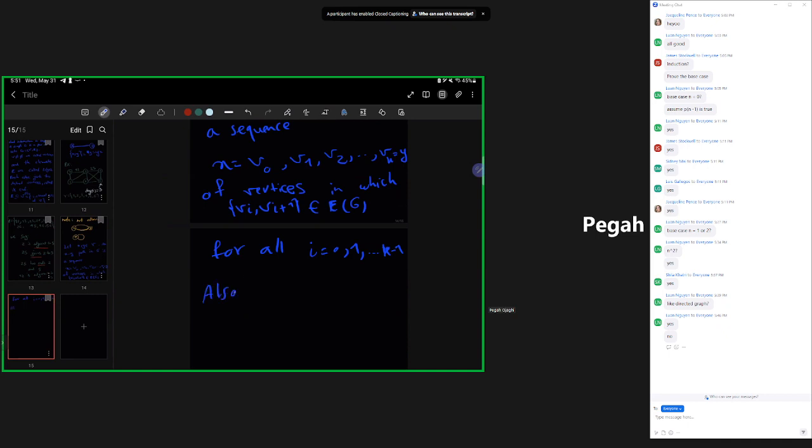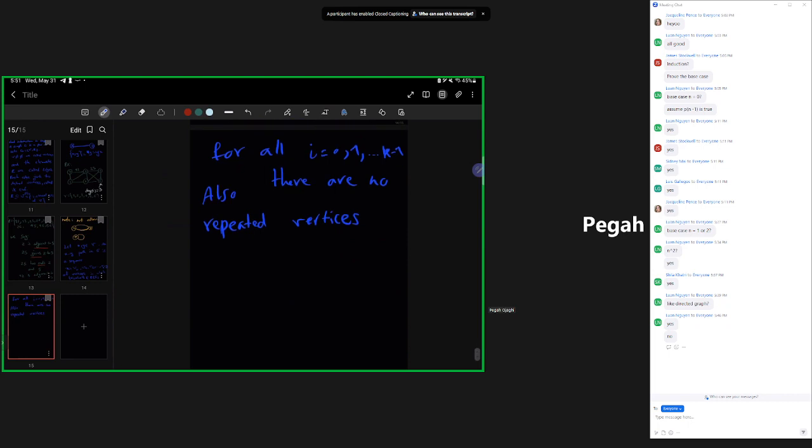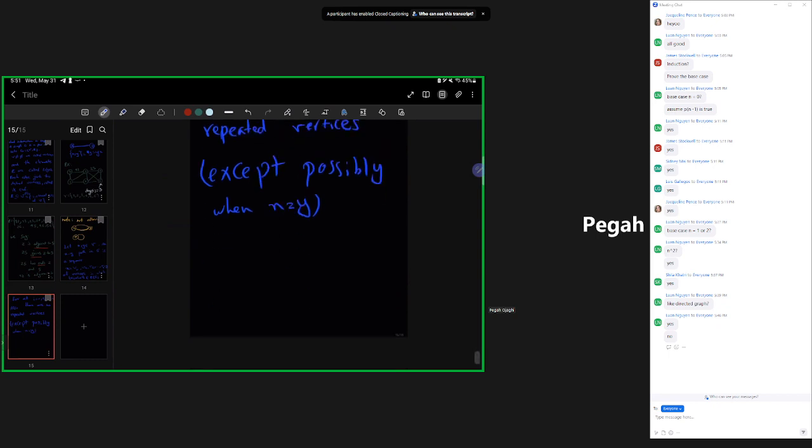Also, there are no repeated vertices. It means that you are not going to have 0, 1, 1, 0. We don't have it. Except for one thing that can happen: it is not repeated, except if it starts from one point and gets back to the starting point, possibly when X is equal to Y. It means you start from the start point and go all the way back to where you started.